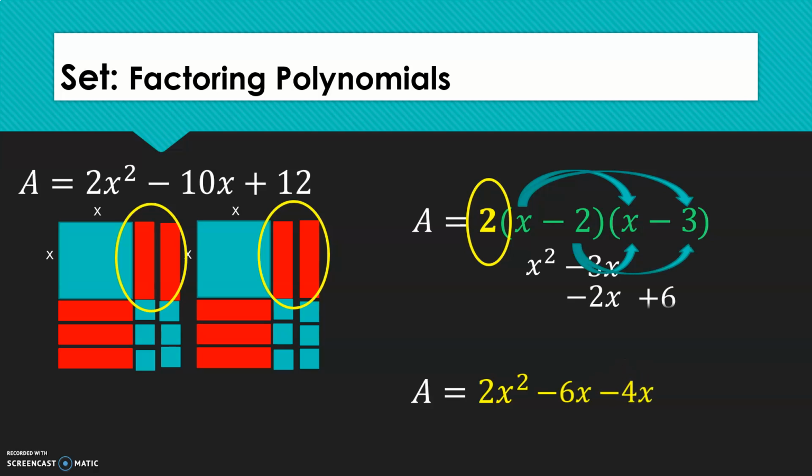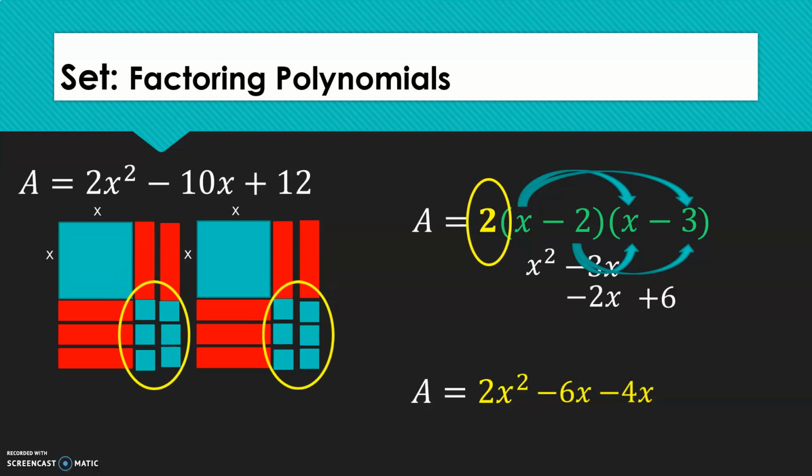And negative 2 times negative 3 is positive 6, times 2 is 12. We combine our like terms in the middle, negative 6x and negative 4x, and we end up with 2x squared minus 10x plus 12. That can be rewritten as 2 times x squared minus 5x plus 6.